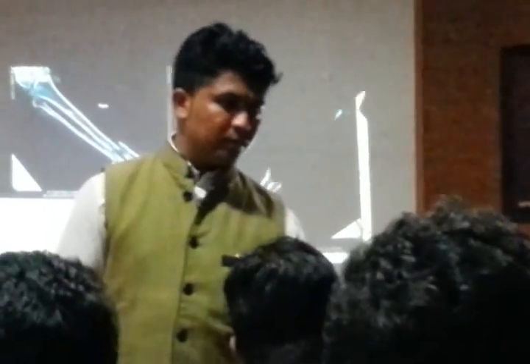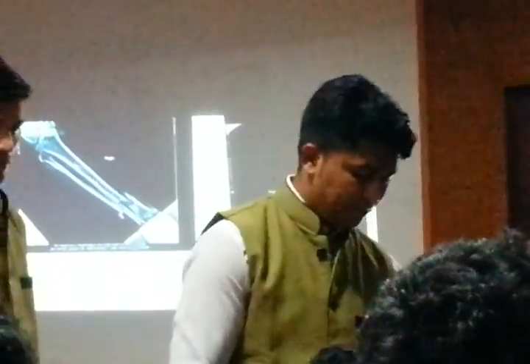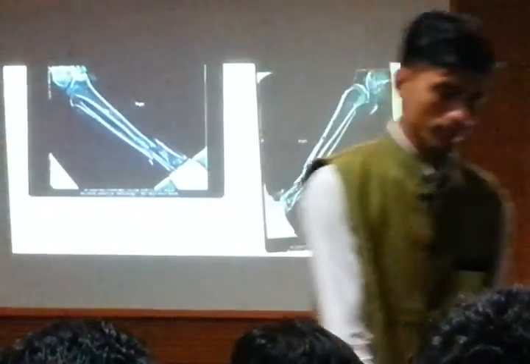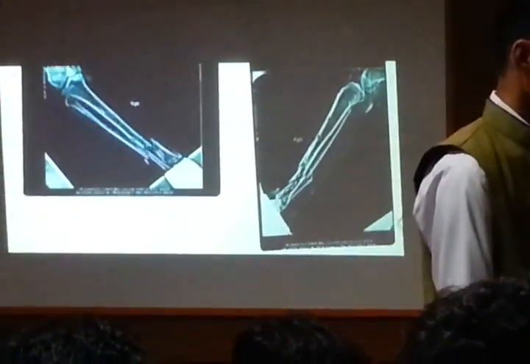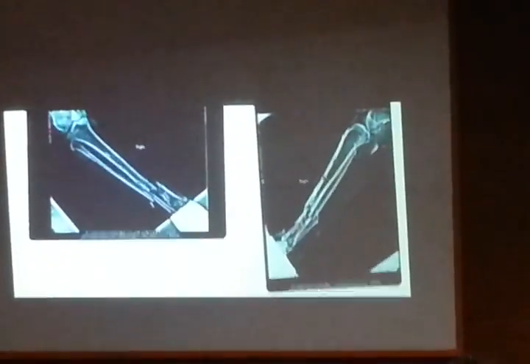On the anteroposterior view of the tibia and fibula, we can see the gap between the two fracture ends in the proximal part. Sclerosis of the fracture margins.